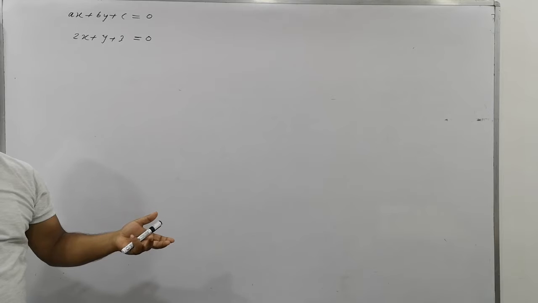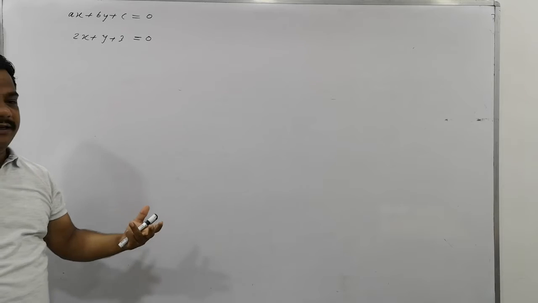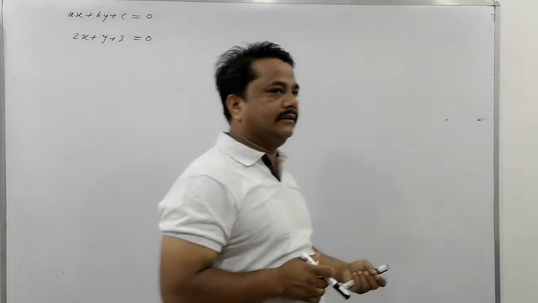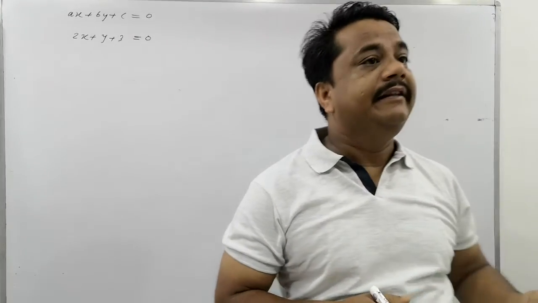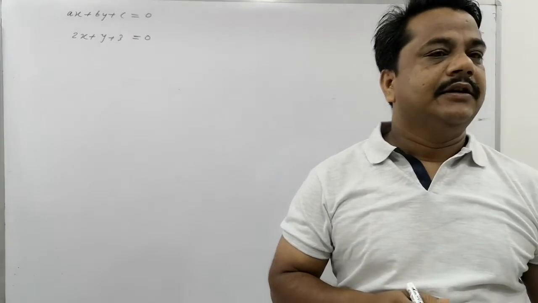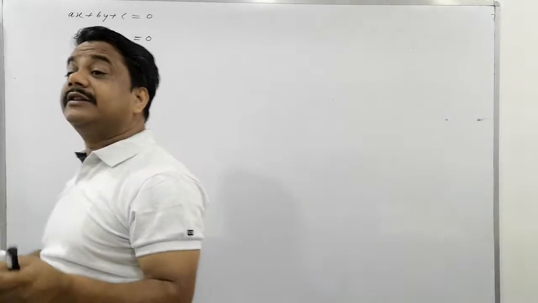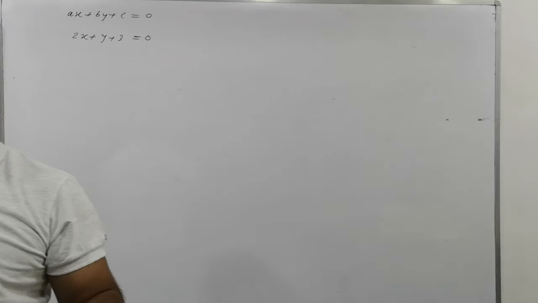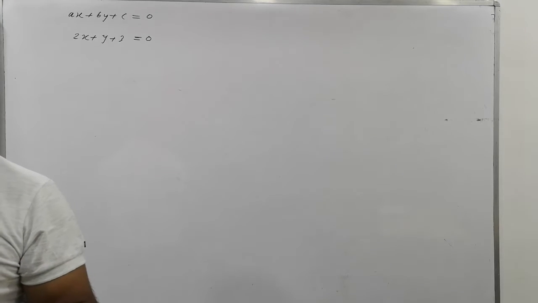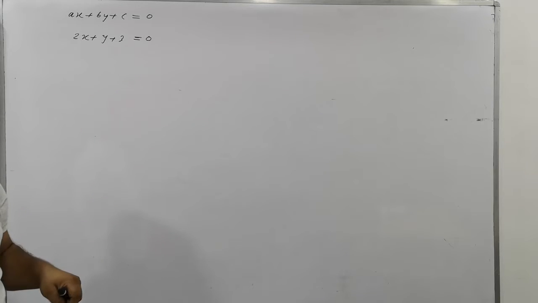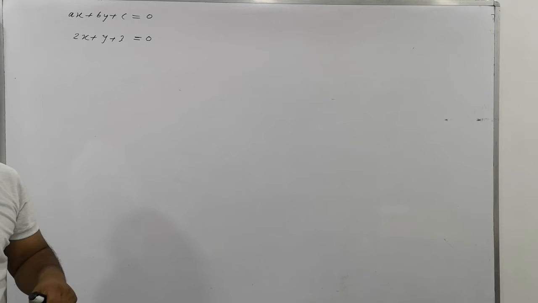What we have learnt regarding linear equations: first, finding solutions; bringing the equation into standard form; and making equations. Making an equation means we make the equation as a linear equation. Some word problems we studied in the chapter.